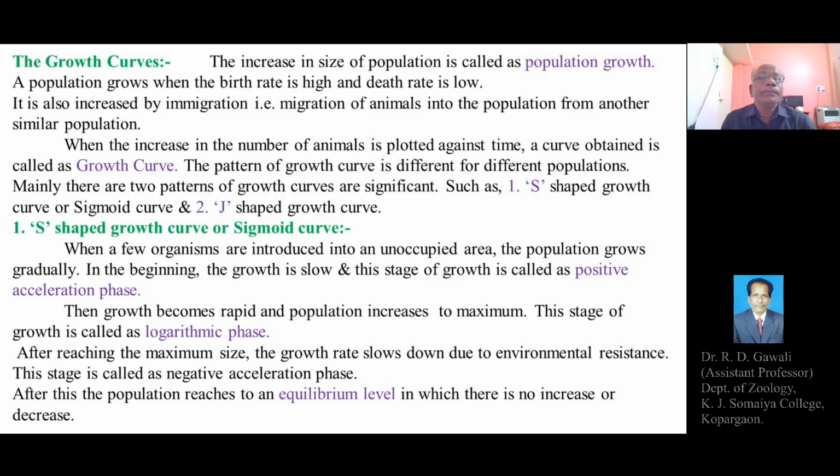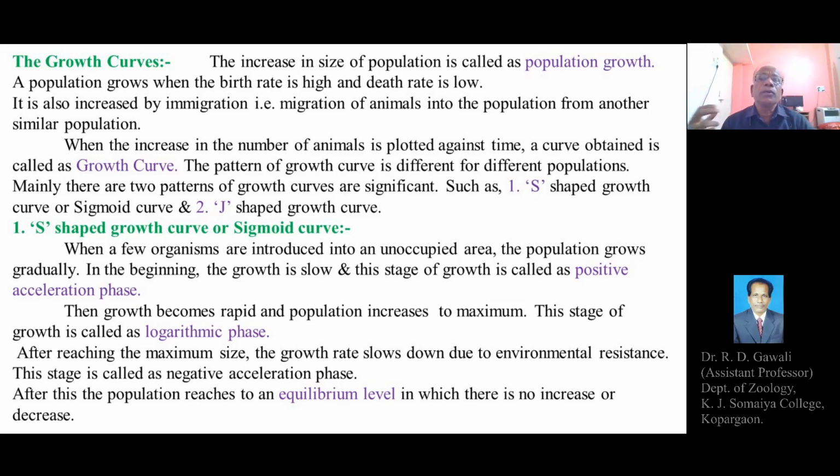Hello everyone. Today we are going to discuss a new point in the topic of population, that is the growth curves. The increase in size of a population, or the increase in the number of organisms or individuals of a population, is called population growth.